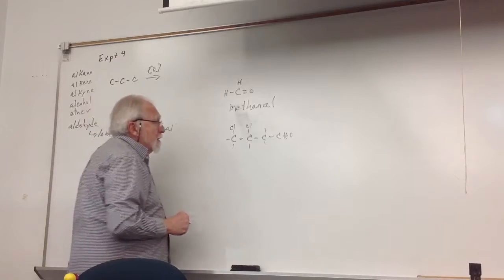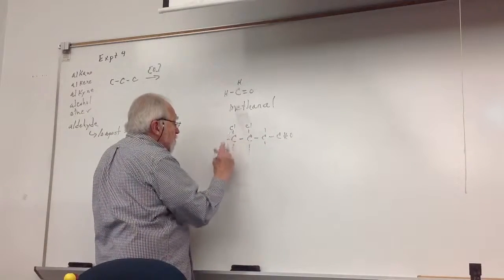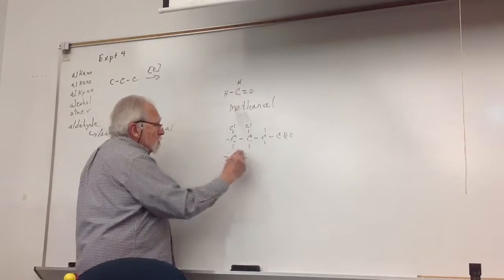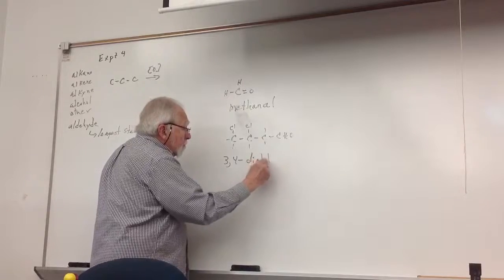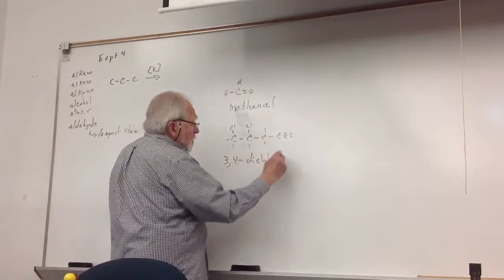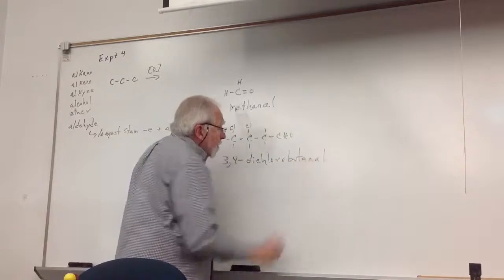So this would be 1, 2, 3, 4. Then it's dichloral. And then 4 carbon chain, butane, butanol.